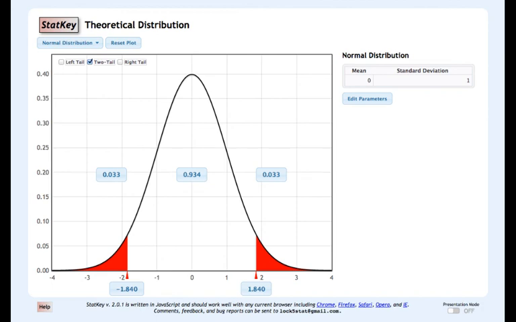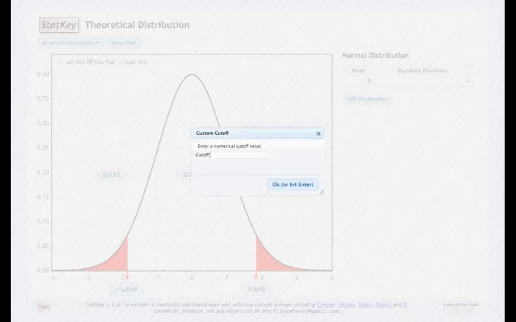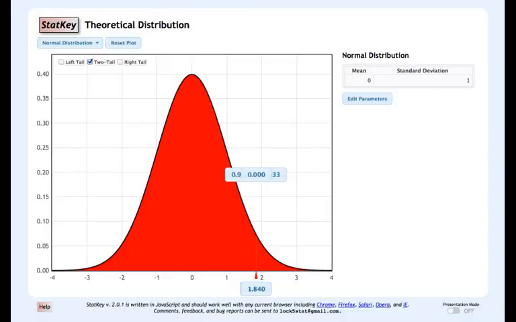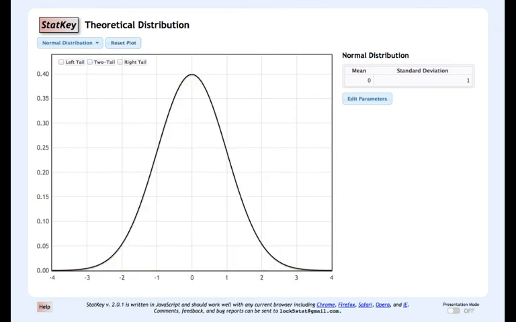If I were to accidentally overwrite the negative z-score with a positive value, it would look really confusing, so we want to be careful about that. That's going to make two overlapping tails and fill in the whole graph, right? So we want to make sure that we always overwrite positive z-statistics with positive numbers or negative z-statistics with negative numbers.